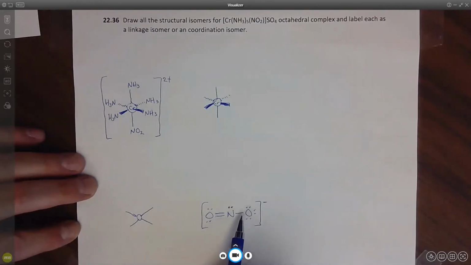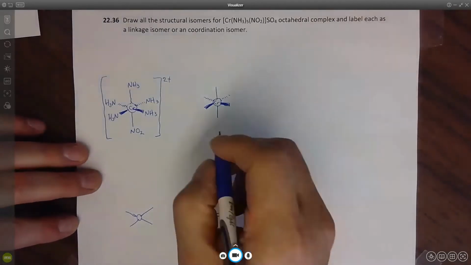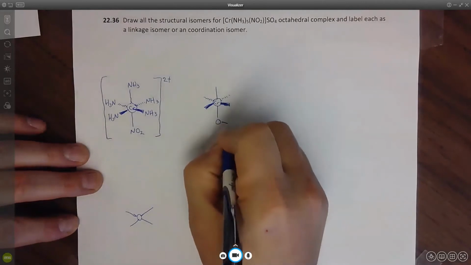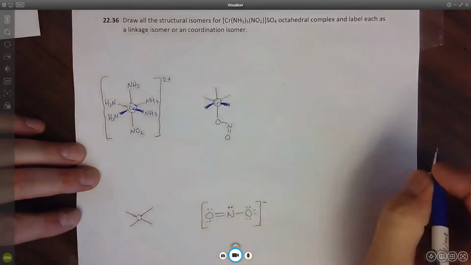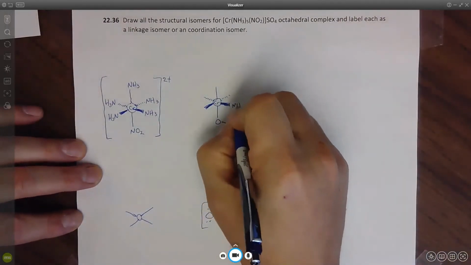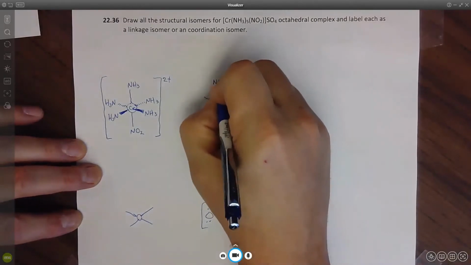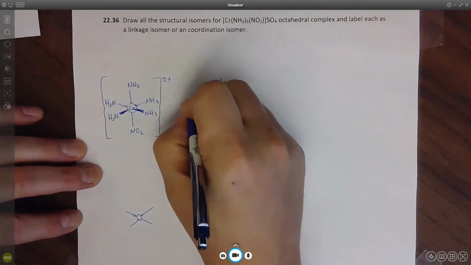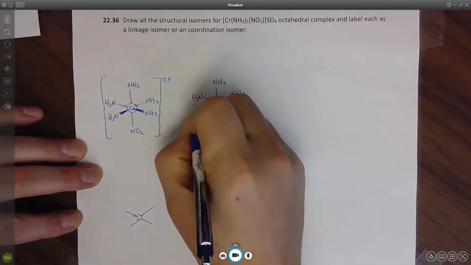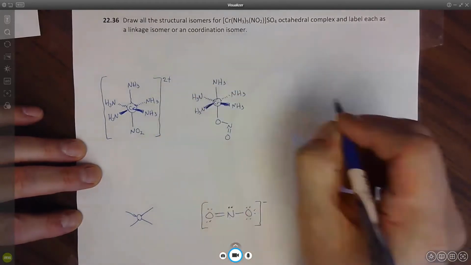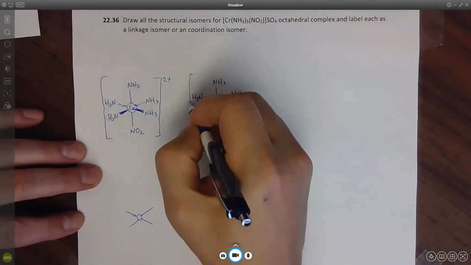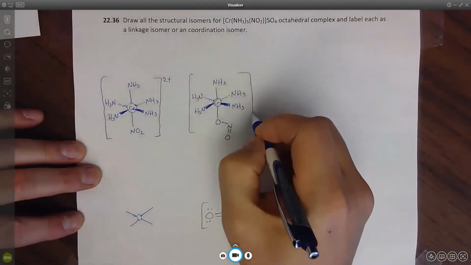So the other linkage isomer, we're going to choose, instead of the nitrogen being the donor atom, it'll be oxygen as the donor atom. So we could just draw that then like this. Okay, and then these, of course, would all remain the ammonias. And it too is a charged species.